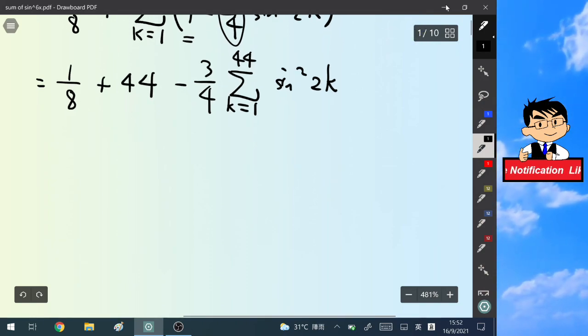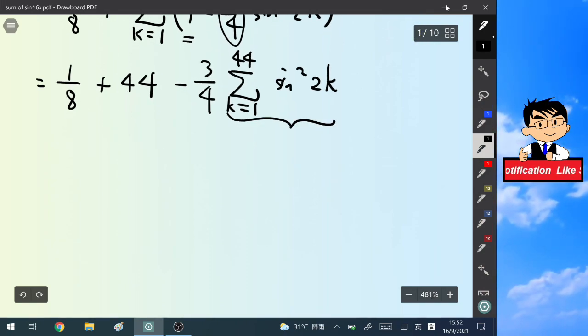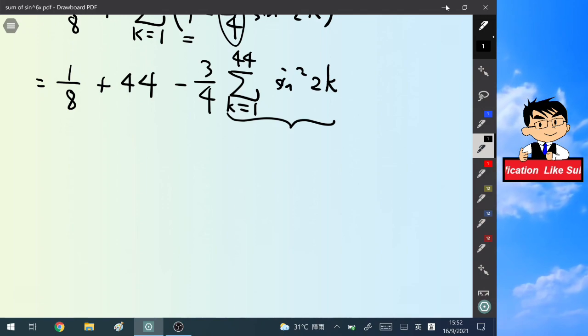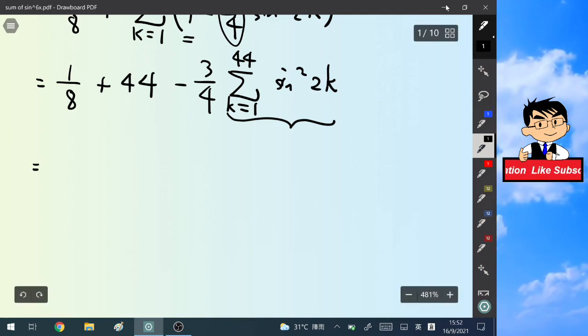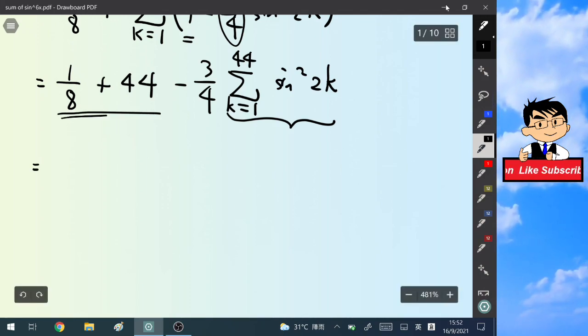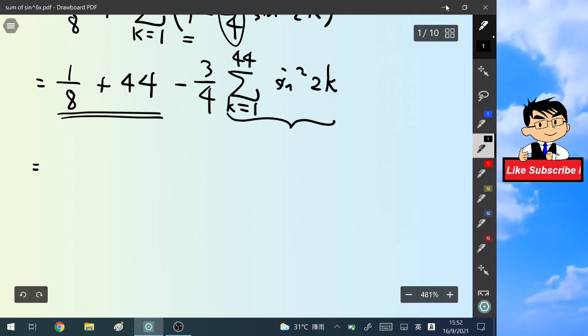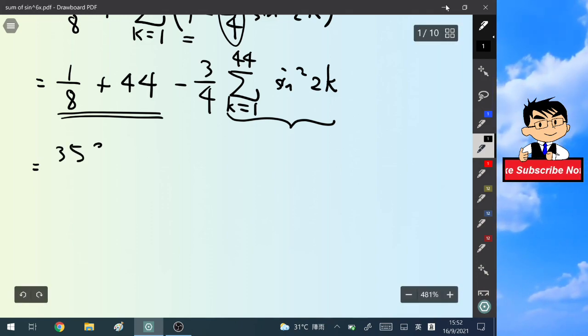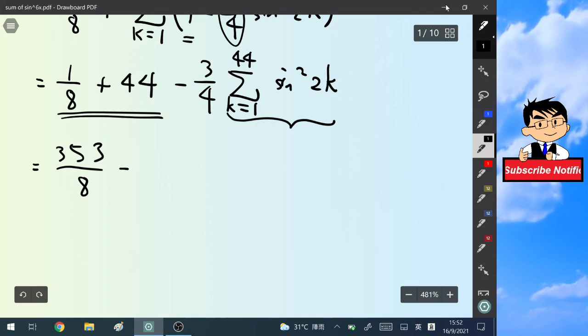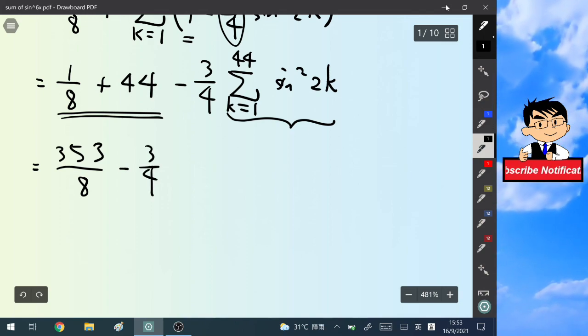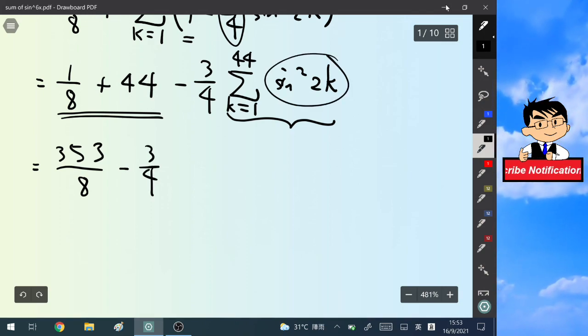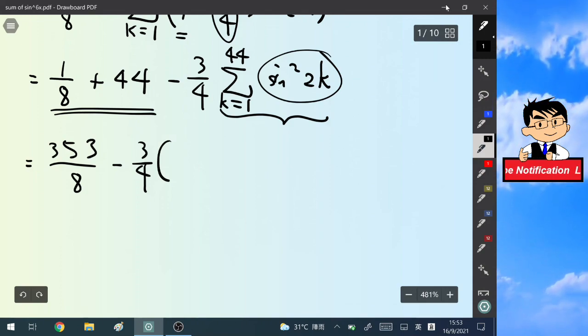And then first, we add up these two terms, which is 353 over 8, and then minus 3 over 4. And this expression is just like this.